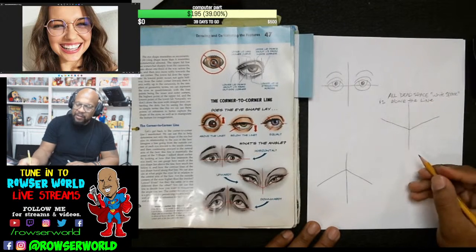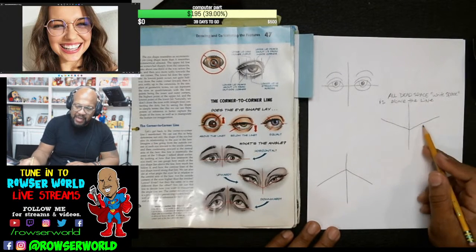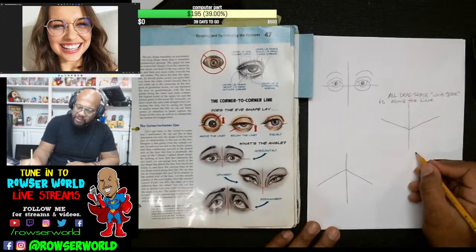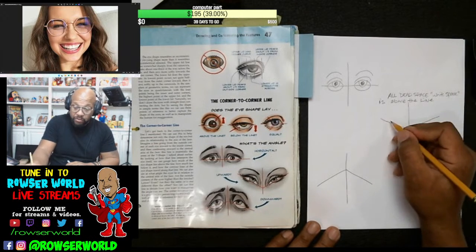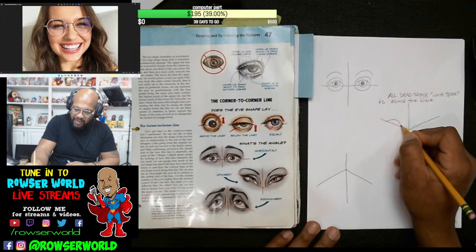So most of the time when you're drawing your eyes at angles, you're going to use shapes that look like semicircles, right? But going at an angle.